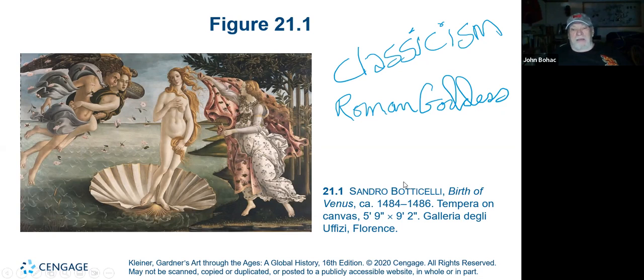kind of more symbolic. Bottom line is though, they've gotten it. They've been able to create these patterns on the folds. They've been able to show the form inside the cloth, inside the clothing.